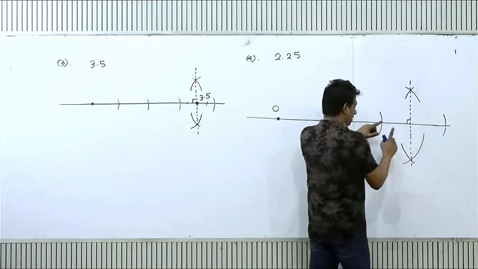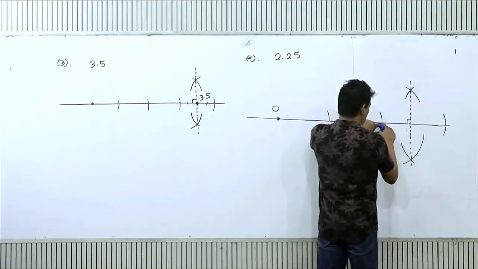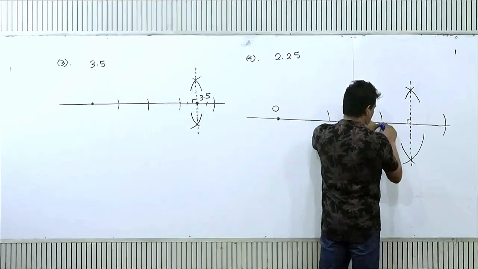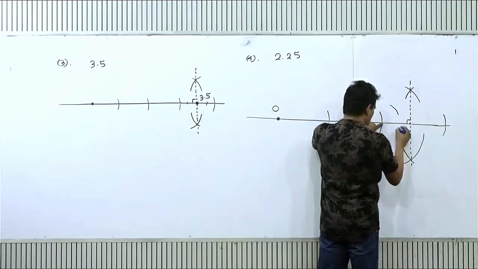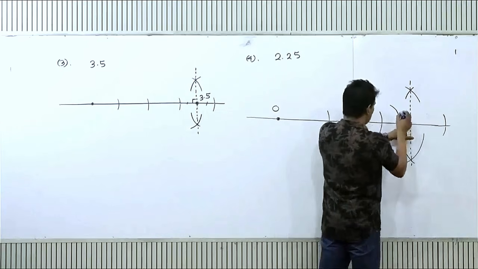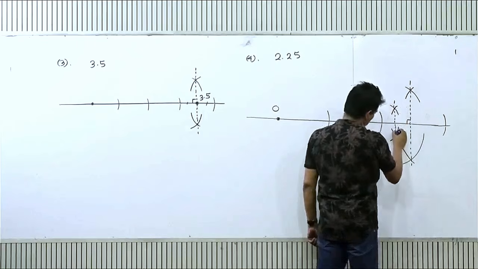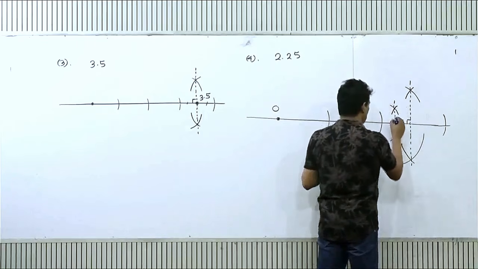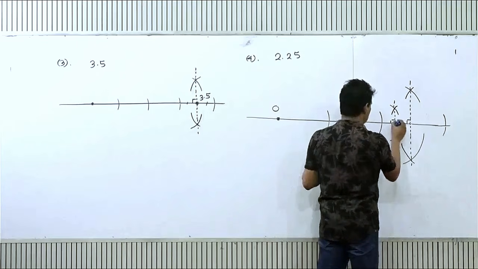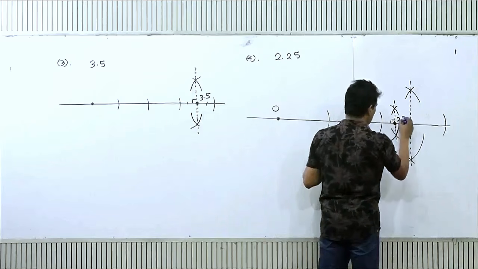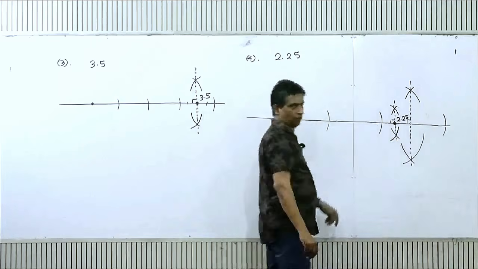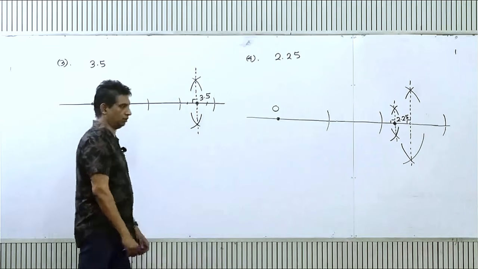For that, you take the compass end here and take more than half of the distance of this line, and draw an arc here, again here, and draw an arc. Now you have to join the 2 points. This is the point. Draw a small circle around that point. This point represents positive 2.25, right?